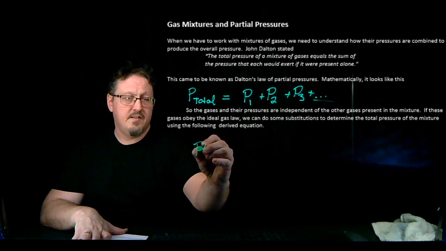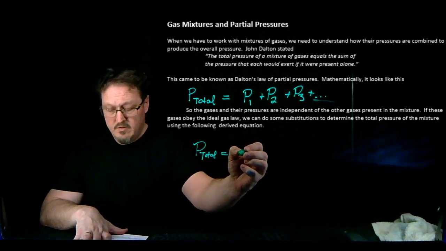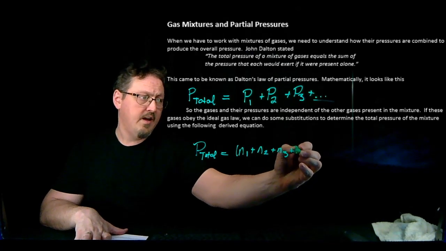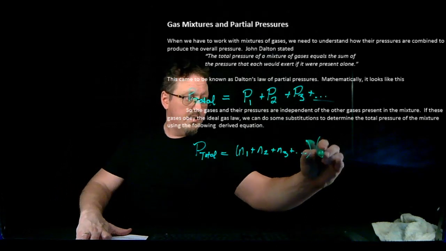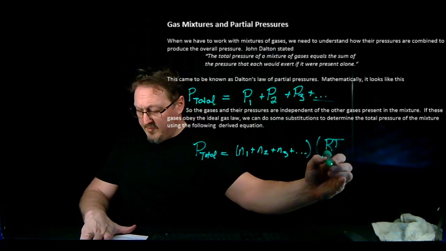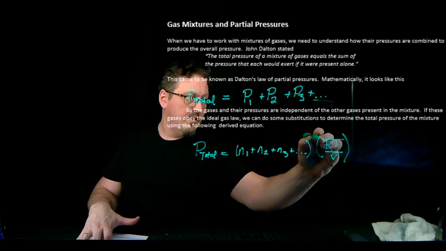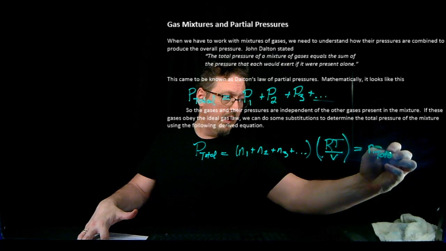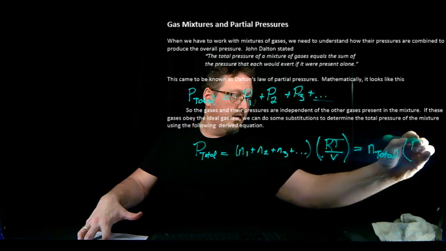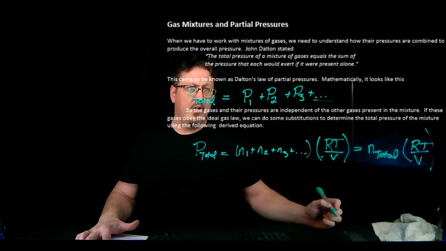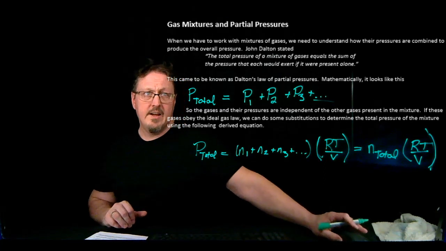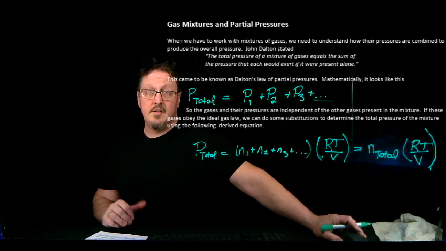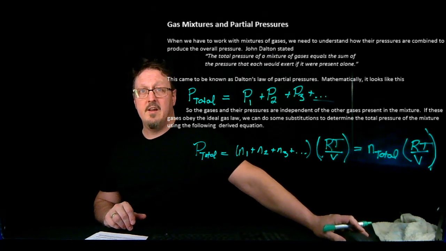The total pressure is going to equal the number of moles of gas, N1 plus N2 plus N3 plus ..., times RT, the universal gas constant, times T divided by V. That whole quantity equals the total moles times RT over V. So we can add up the total number of moles of each of the gases, and moles total gives us pressure total by substituting it into the ideal gas law. That's really what this is doing.